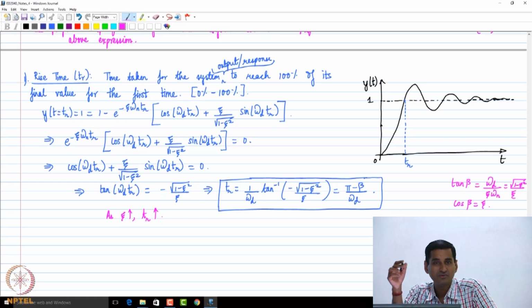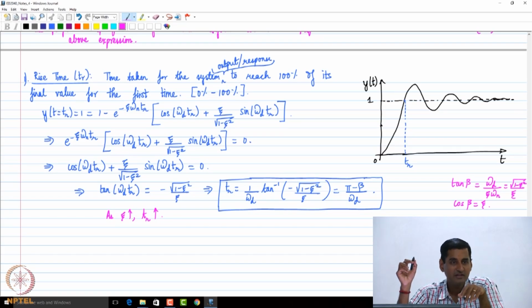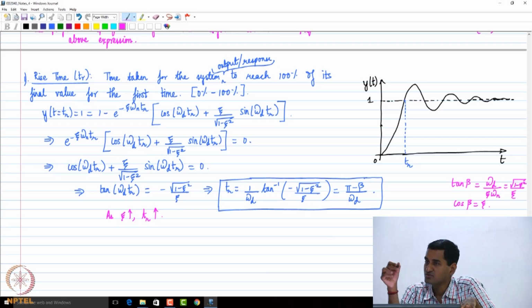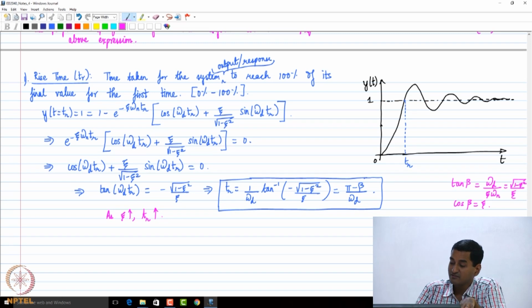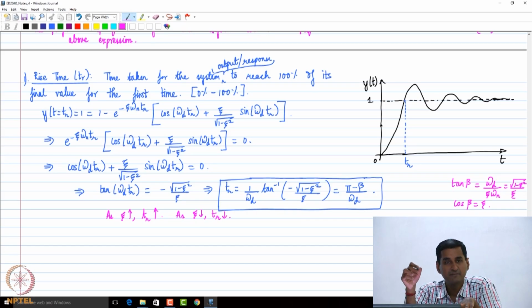So the speed of the system's response will start to go down as the damping ratio increases. That is the implication of increasing damping ratio on rise time. Conversely, as we make the system damping lower, the system becomes faster, that is, the rise time starts to decrease. So that's one observation we can make.